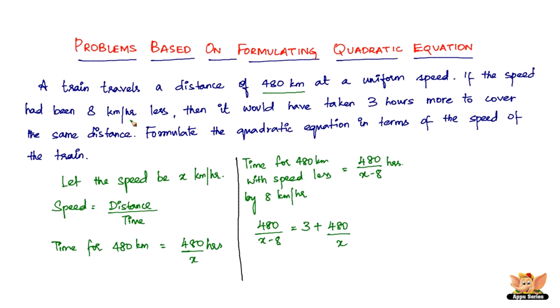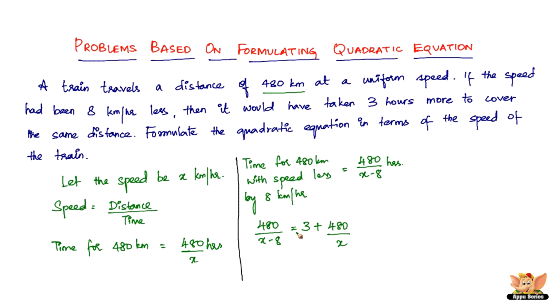If the speed had been 8 kilometers per hour less, that is x minus 8, then it would have taken 3 hours more to cover the same distance. The time taken to cover 480 kilometers at usual speed was this much. The time taken at 8 kilometers per hour less will be 3 hours more than this time. So this is how we've got this equation. I hope you got it.